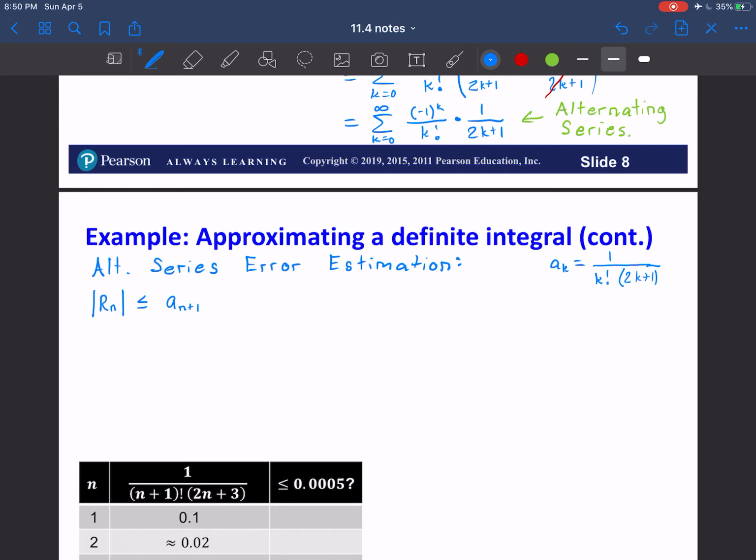And for us, a_(n+1) is 1 over (n+1) factorial times 2 times (n+1) plus 1, which is equal to 1 over (n+1) factorial times (2n+3).